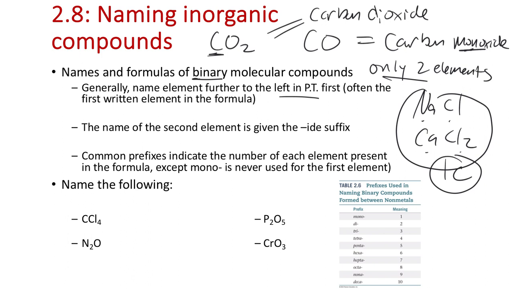And then the second element takes the ide ending of the element. So we change oxygen to oxide. If we had chlorine, we'd change it to chloride. And then we're going to use the prefixes that we used for naming alkanes, the hydrocarbons, last time. We were using penta, hexa, hepta, octa, nona, deca for naming C5 to C10 hydrocarbons.